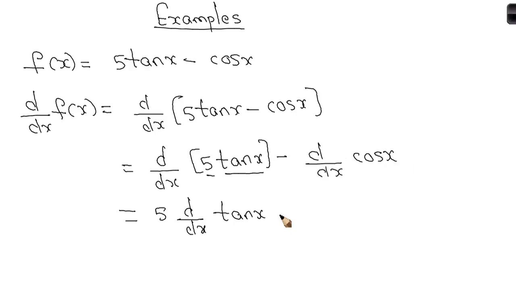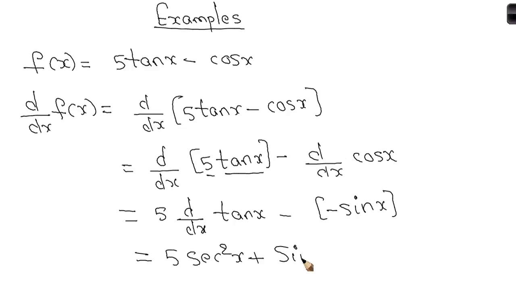And we know derivative of cos x is minus sin x. Pi times derivative of tan x is secant square x. So pi secant square x, plus, minus of minus would be plus sin x. So this would be the derivative of the given function, which is pi times tan x minus cos x.